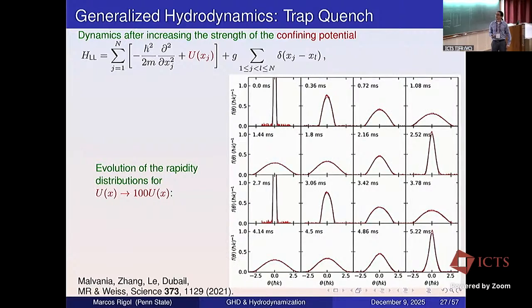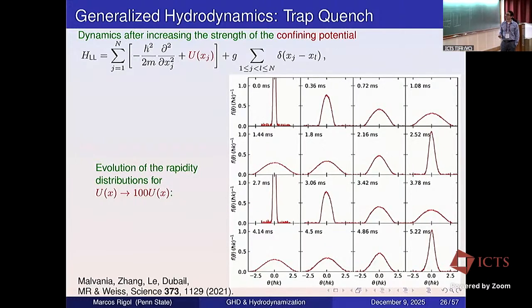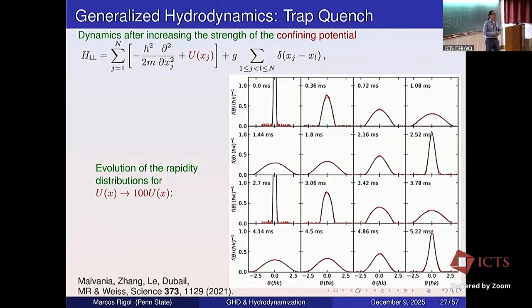Yes. I've now put the generalized hydrodynamic results on top of the experiment. These are the experiments, and these are the experiments with the generalized hydrodynamics. The blue curve is generalized hydrodynamics, and to see that there are two different curves in here, you have to focus on this difference. Generalized hydrodynamics is incredibly accurate, even though there are few particles and you can do humongous quenches in those systems.